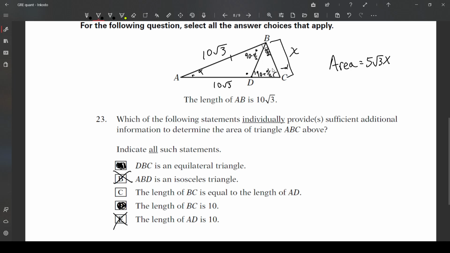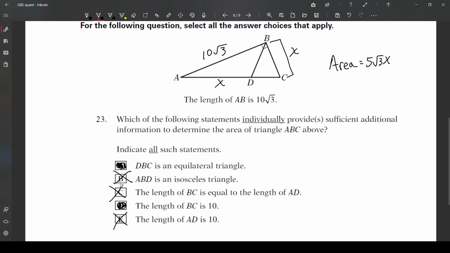Length of BC is equal to the length of AD. So that means here we also have X. Again, no matter what X is, it's gonna be less than AC, so you can always pick a point D such that AD equals X. So that won't fix the area.